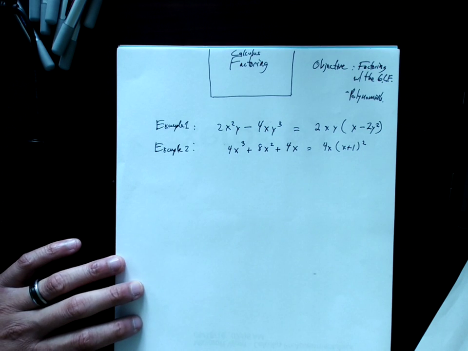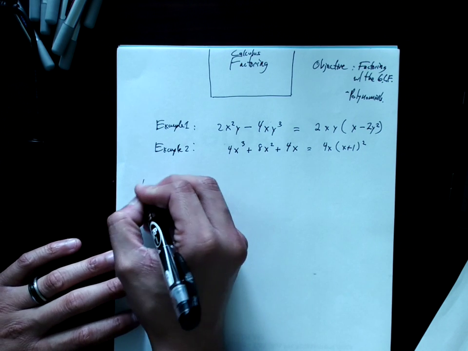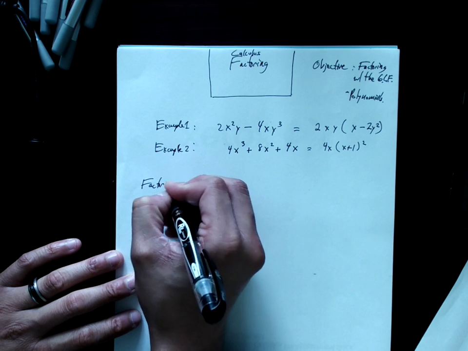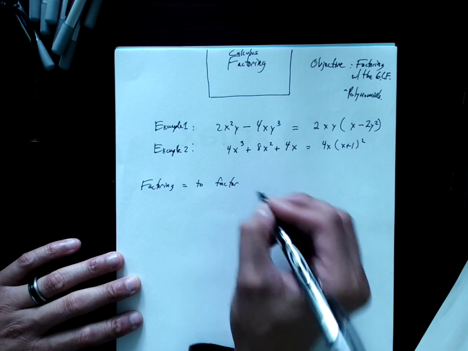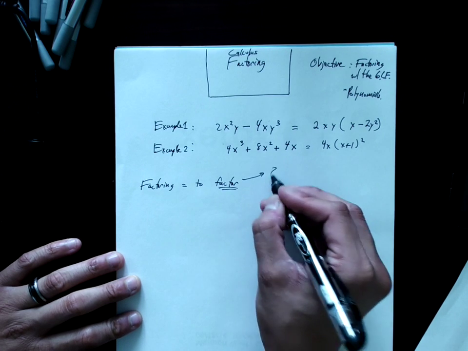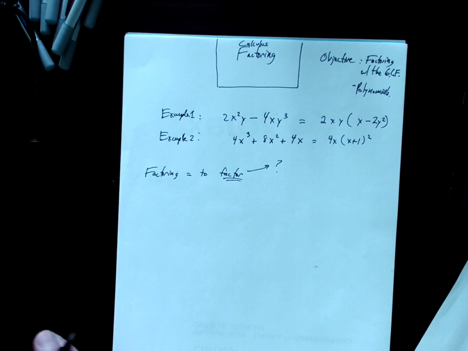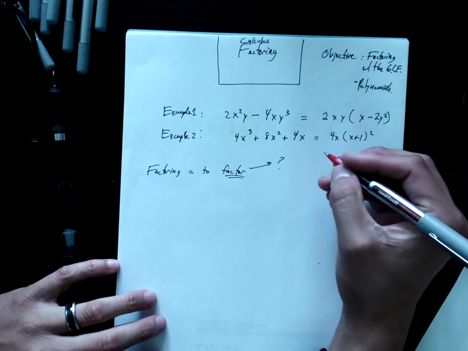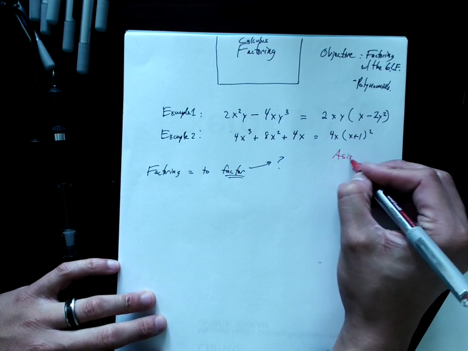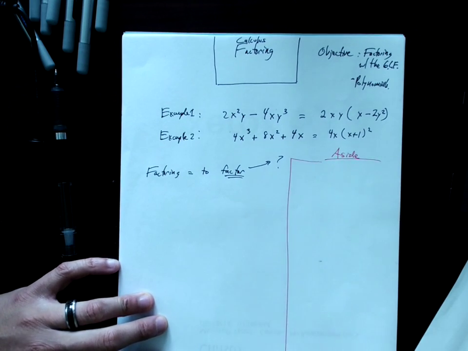How do we do these in general? First we have to understand what the word factoring means. Factoring means to factor, but what does that actually mean, when I say the word factor? We have to go back and do an aside and recall what factoring is.